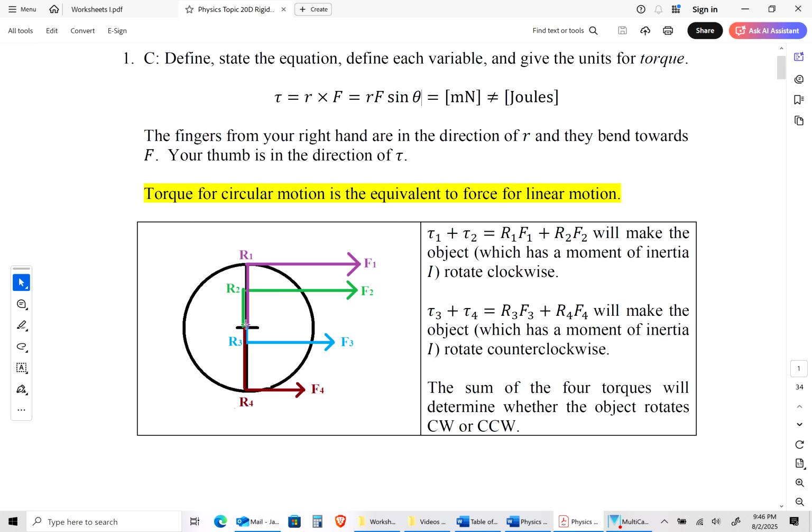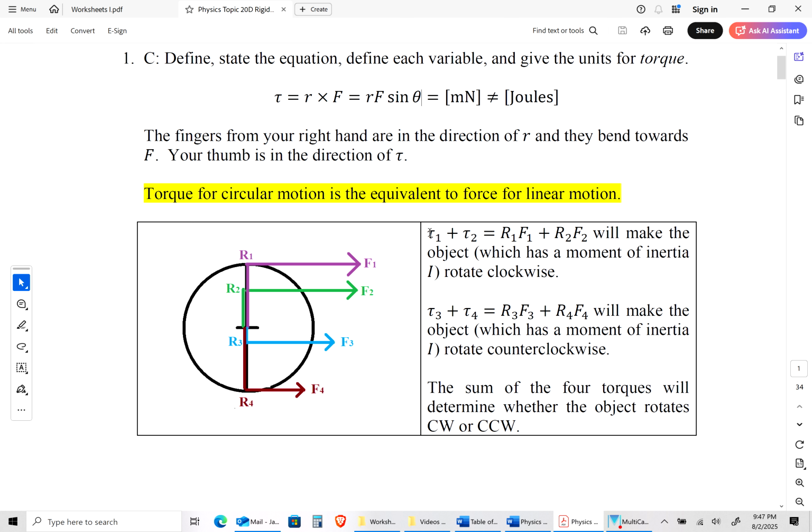Look at R3, F3. Sorry, R3 is shorter, F3 is smaller. And you notice that it's going to rotate in the opposite direction, R3 and F3. And R4 and F4, if you multiply the two, the torque from R4, F4 is going to rotate in the opposite direction as R1, F1 and R2, F2.